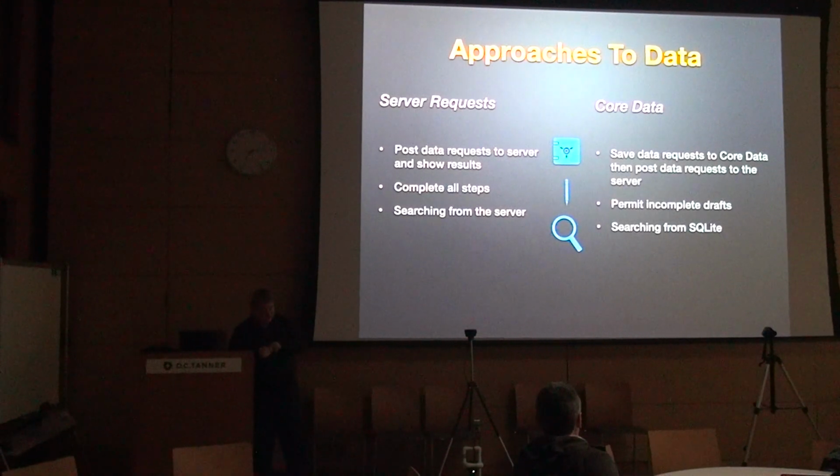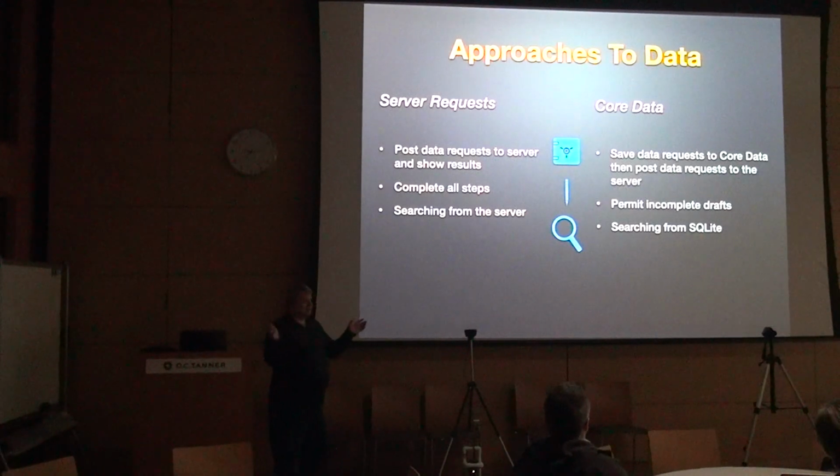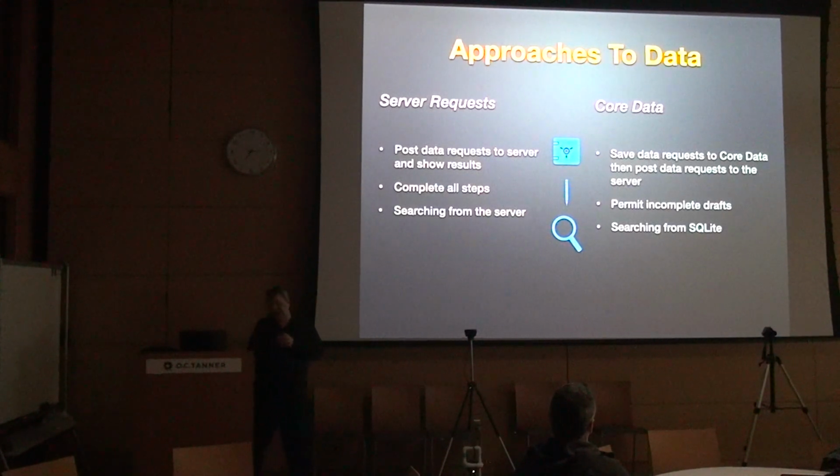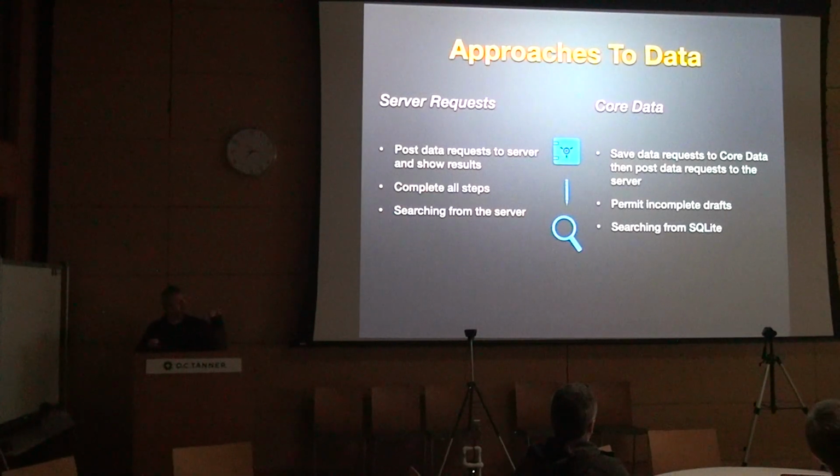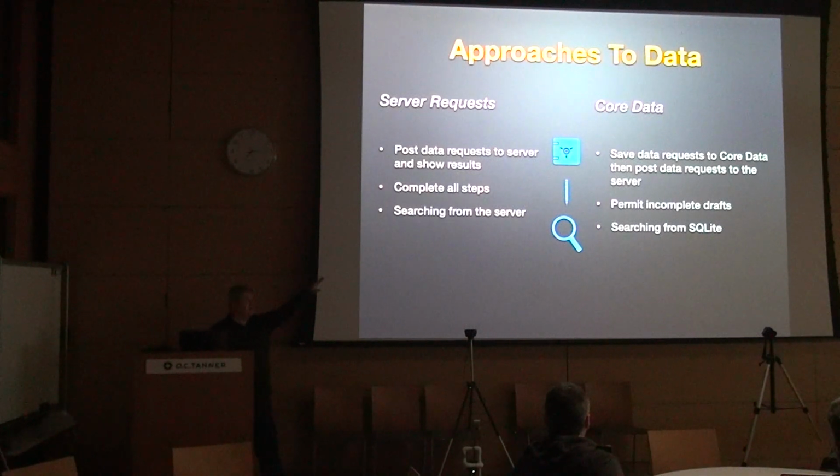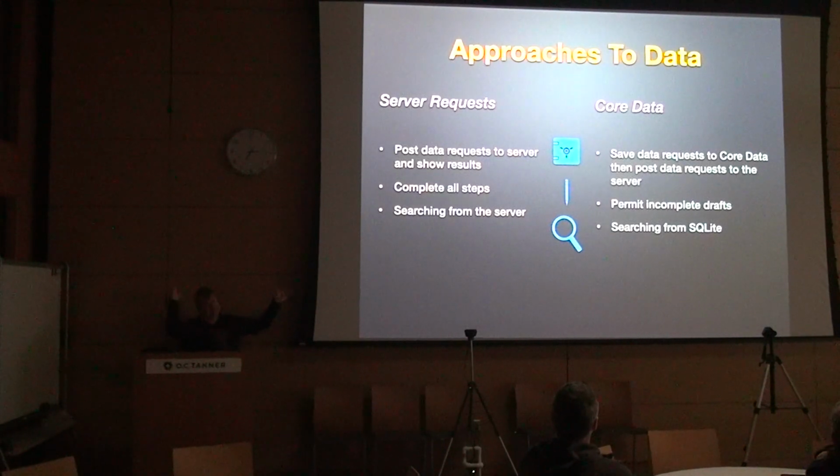So let's say that you decided to do an insert on something, right? So typically, if you're in server request mode, the first thing you do is do a post API right then and there. And then you show the immediate results then and there. If you have an error, you show an alert. If everything's okay, you move on and do your thing.